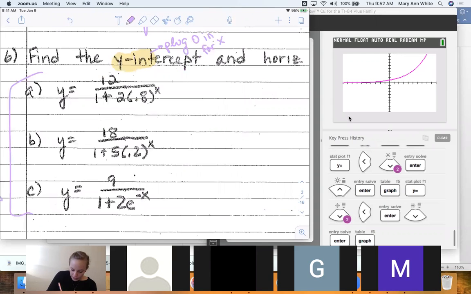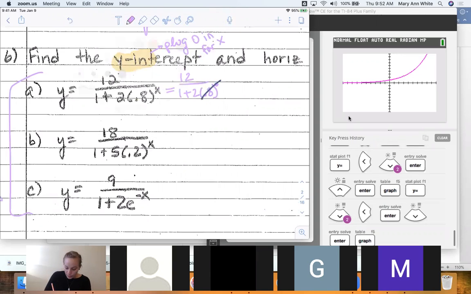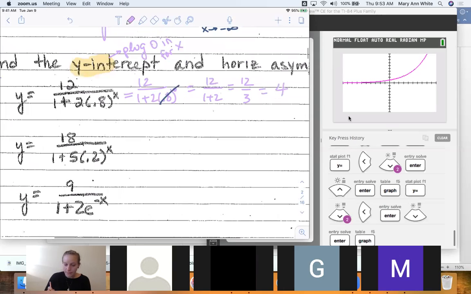For the first one, I have 12, that didn't change, and I've got 1 plus 2 times 0.8 raised to the 0. Well, remember anything raised to the 0 becomes 1. So that means I've got 12 over 1 plus 2. Well, 1 plus 2 is 3, and 12 divided by 3 is just 4. That was pretty easy.